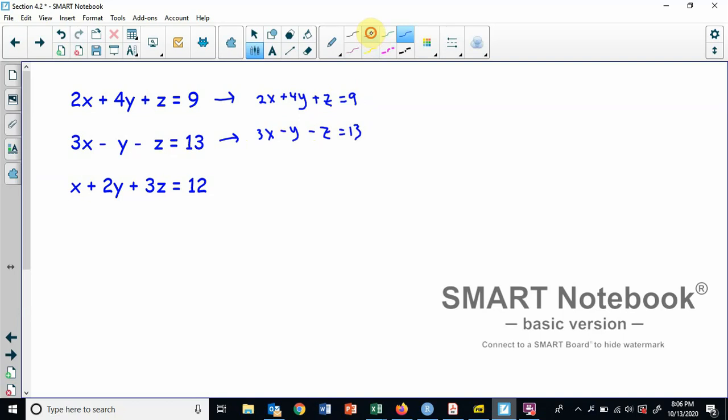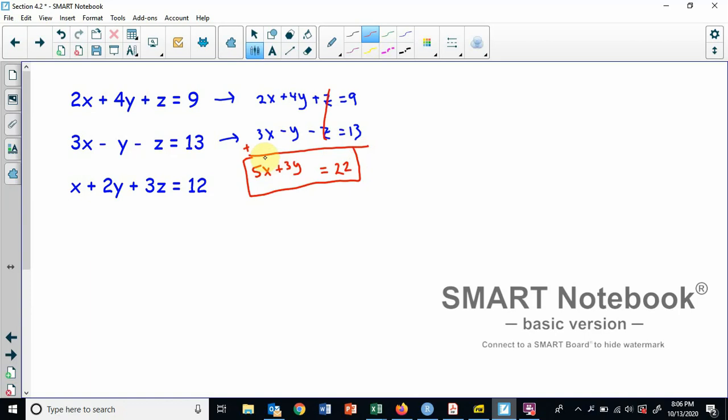So they're already opposites, so I can go ahead and do an elimination there. Let's see, 2x plus 3x is 5x, 4y minus y is going to be positive 3y. The z's will eliminate, and 9 plus 13 is 22, right? So there, we have one equation.